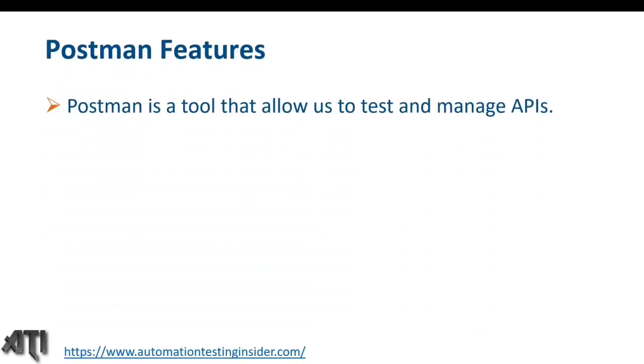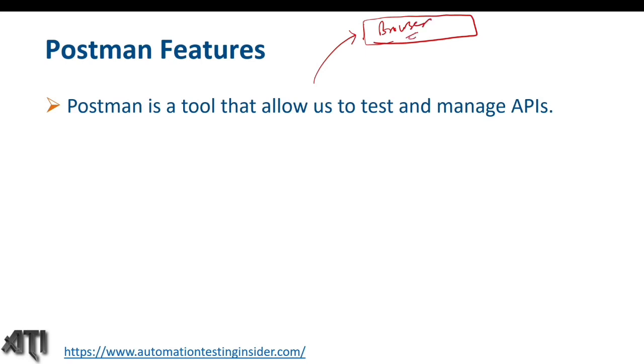So what is the Postman tool? Postman is an API tool that allows us to test and manage APIs from a tester's point of view. So we can use this tool to test and manage our APIs. You might ask a question like, we are getting the APIs in the form of a URL, URI or endpoint, so why can't we directly test in the browser?